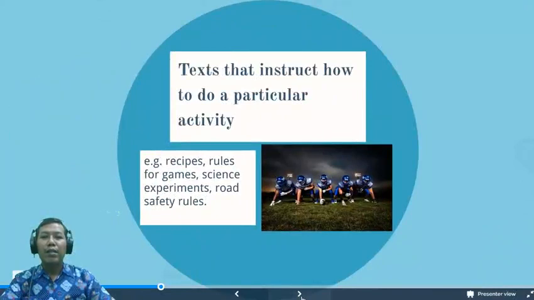The second is procedure text that instructs how to do a particular activity.